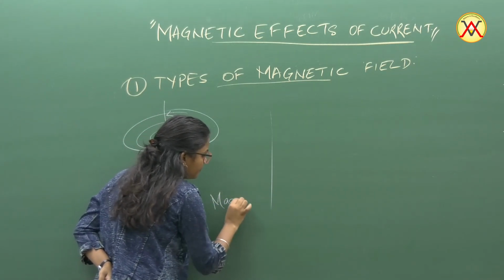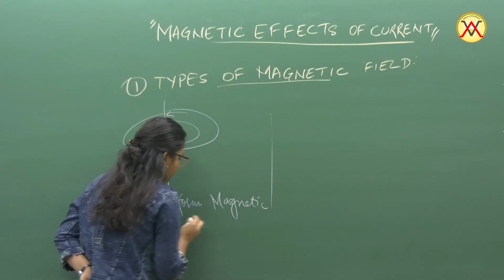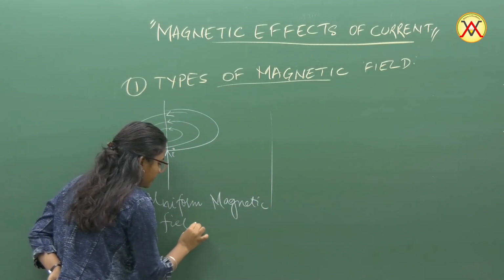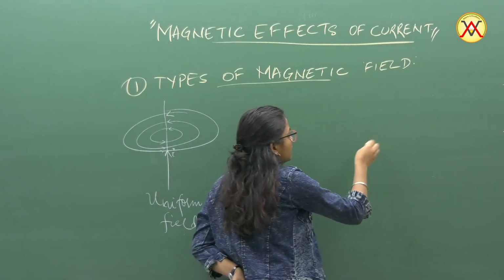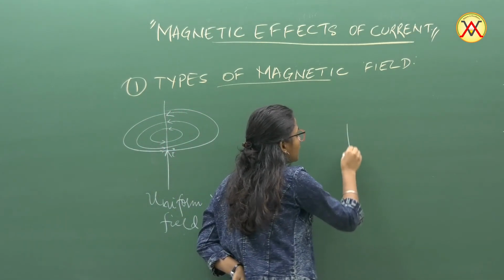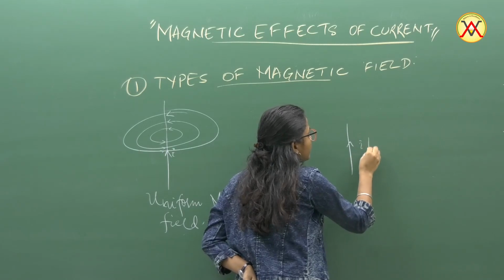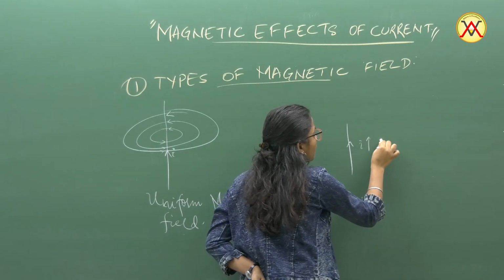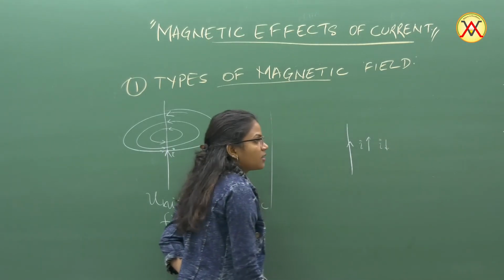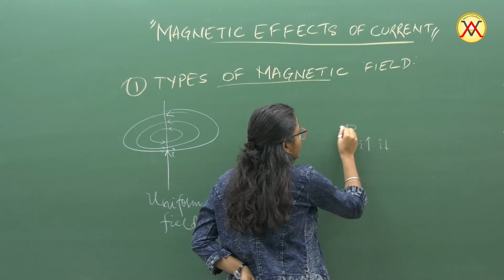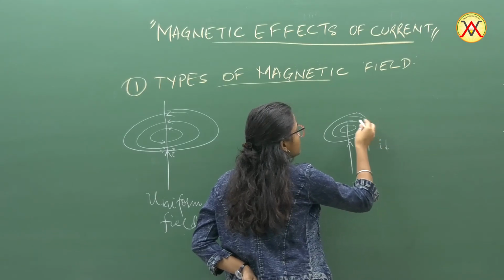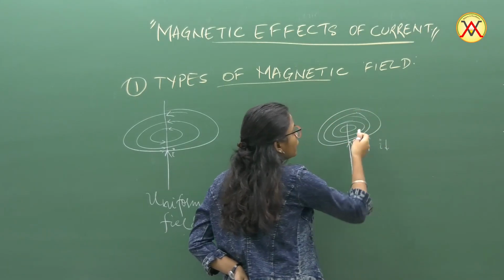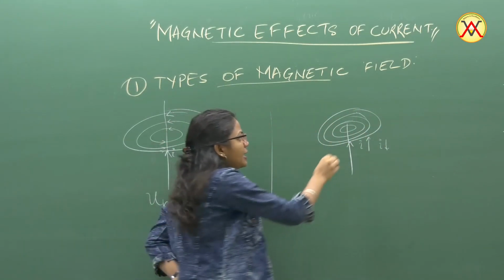uniform magnetic field. Next one is a field when your current is either increasing or decreasing. That means if the current is increasing, then we will have more number of loops in a certain area.